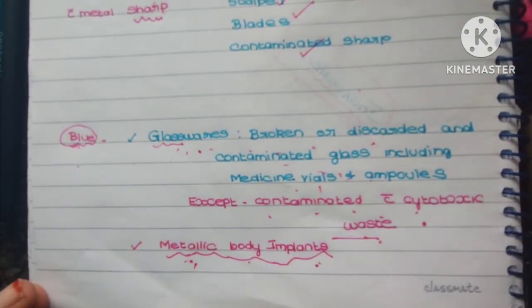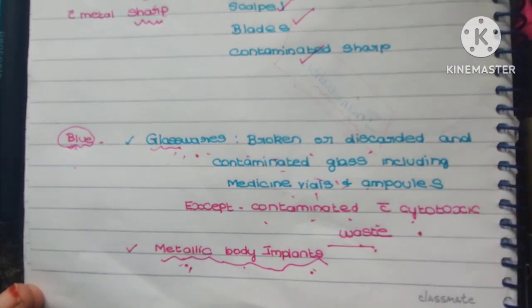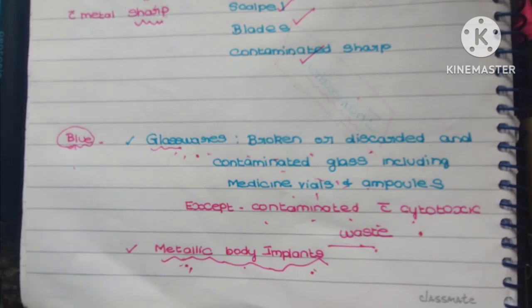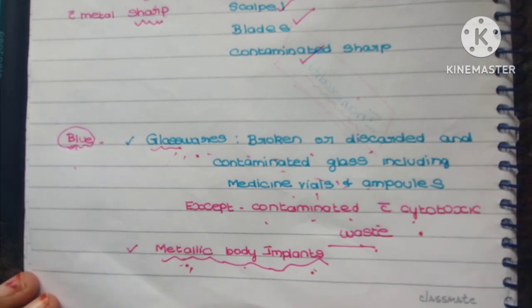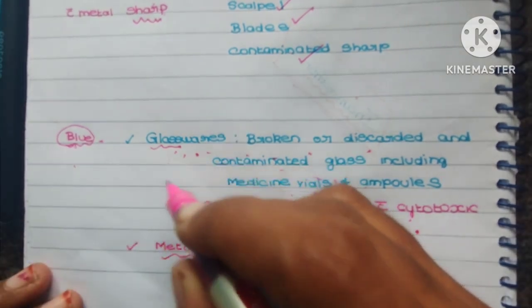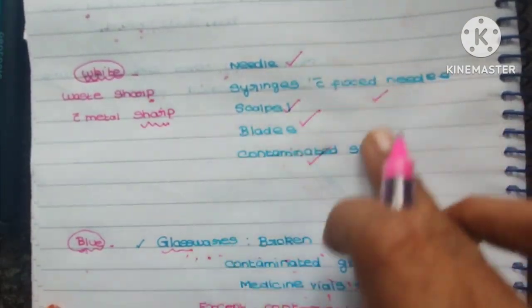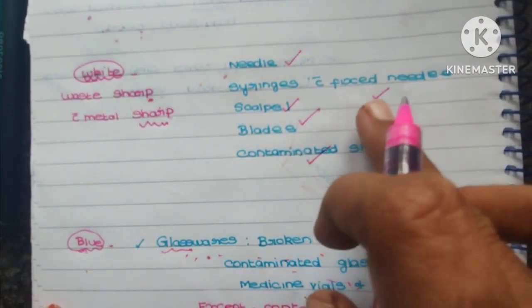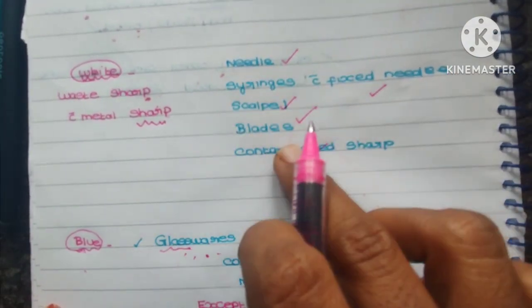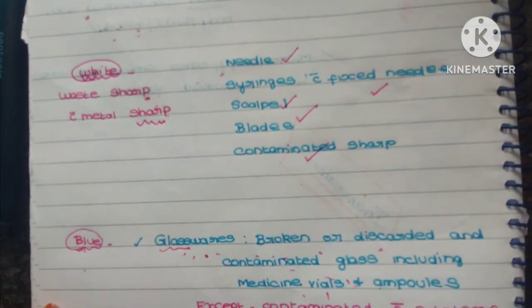I think this mnemonic will be helpful. Just correlate it with a patient coming in: if an ICU patient, it is red; if a patient is taking a drug, remember it is yellow. With that you can correlate easily. Another point: since sharps are considered highly infectious, they are usually treated with hypochlorite solution before disposal.